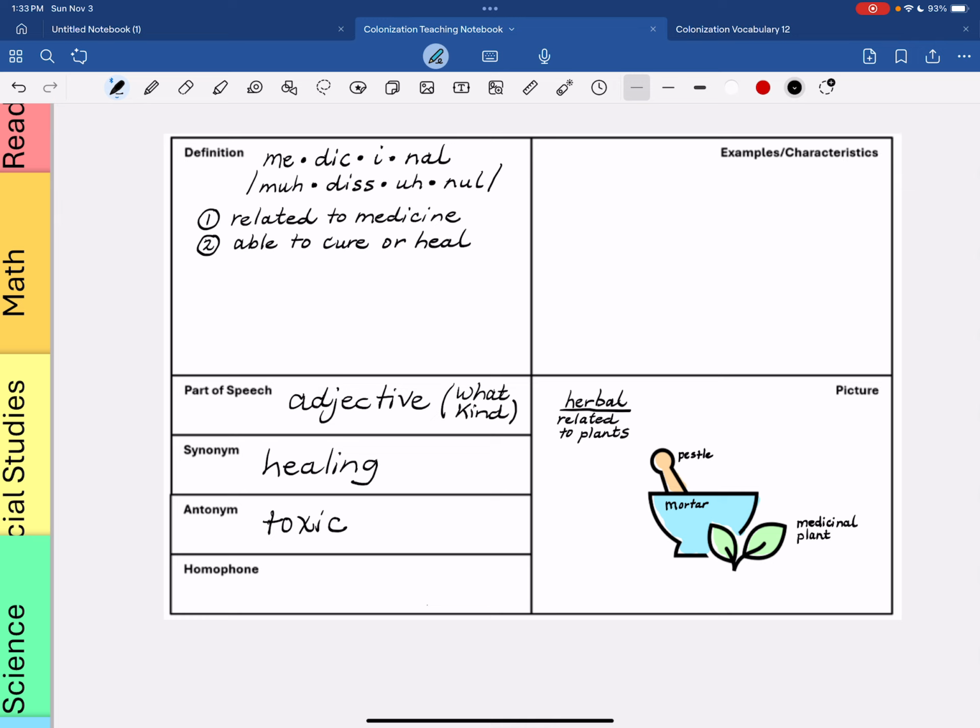Okay, some characteristics of medicinal plants: plants that become medicine are medicinal.